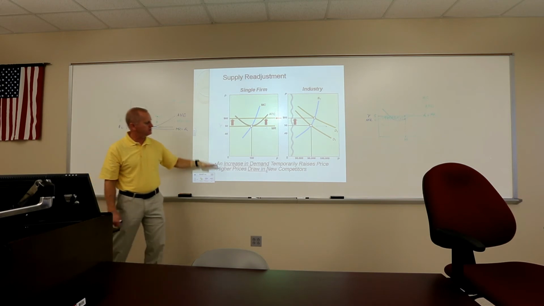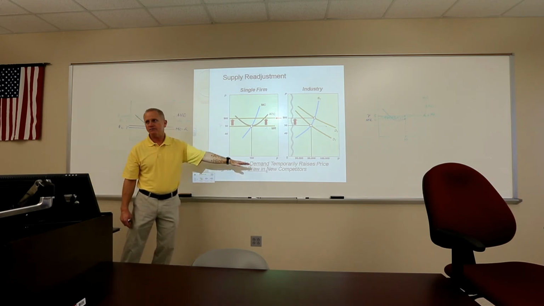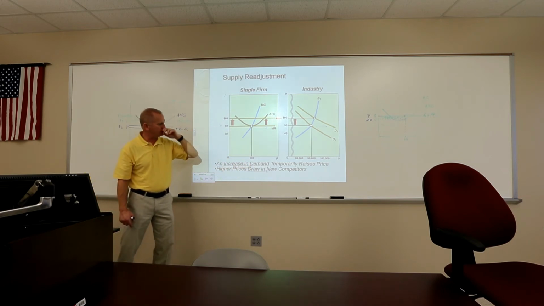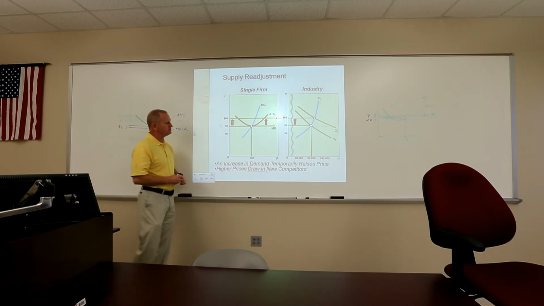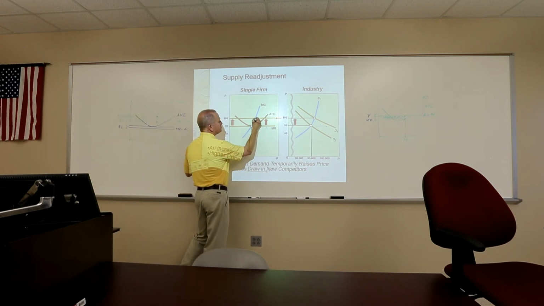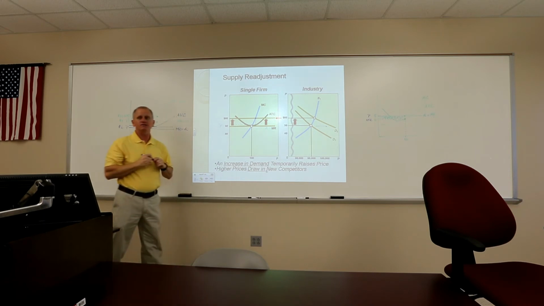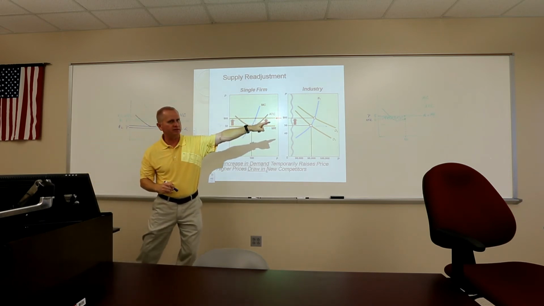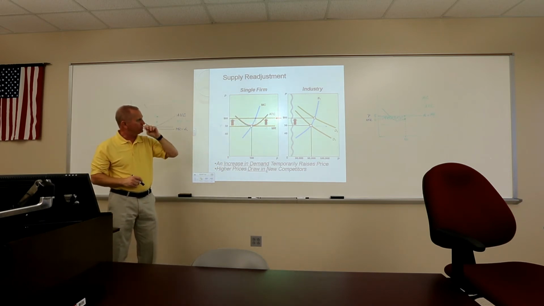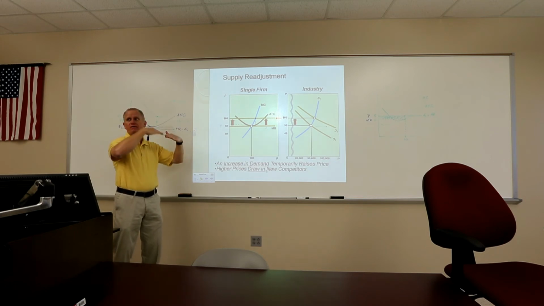Higher prices draw in new competitors. It doesn't show one thing here, I wish it did. Because we're at this intersection, we're earning profits now. Because we're earning a profit, our price is above average total cost.